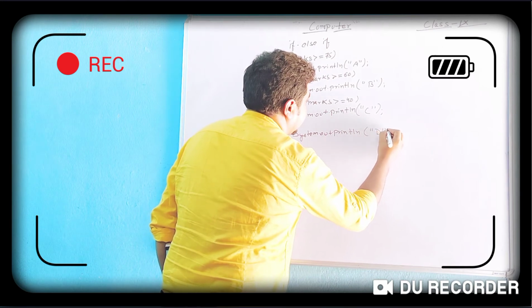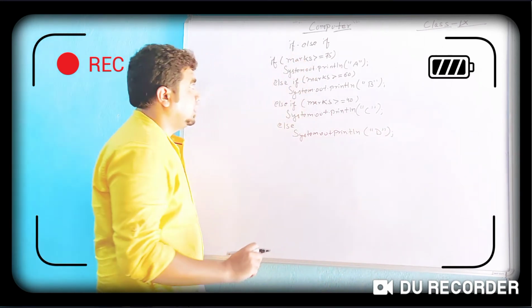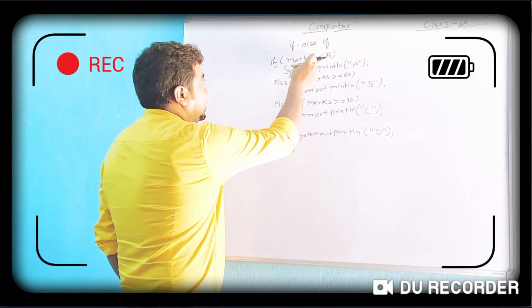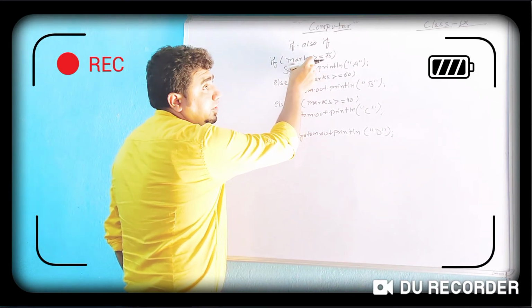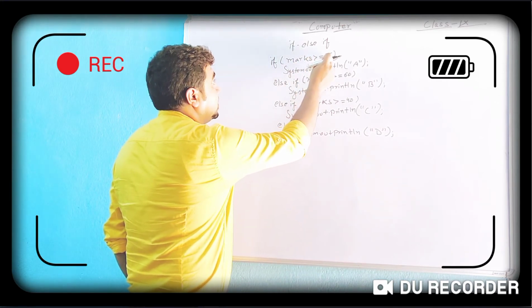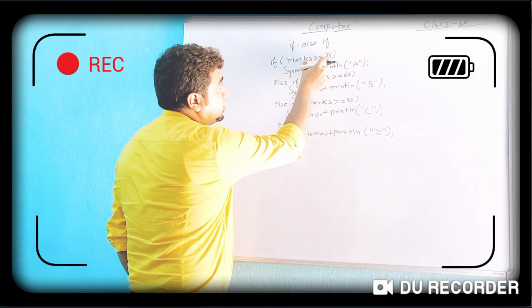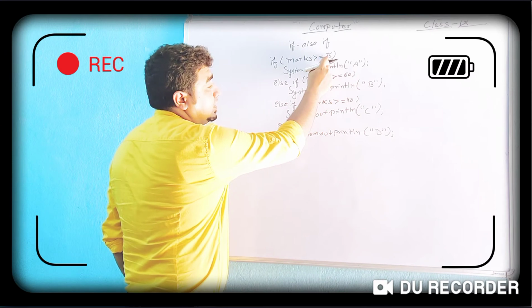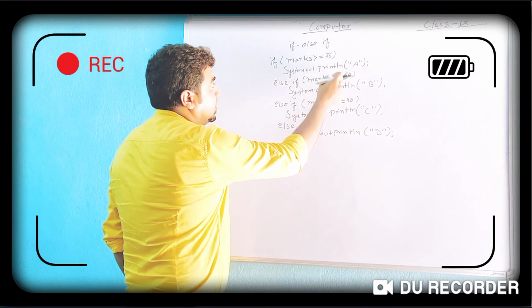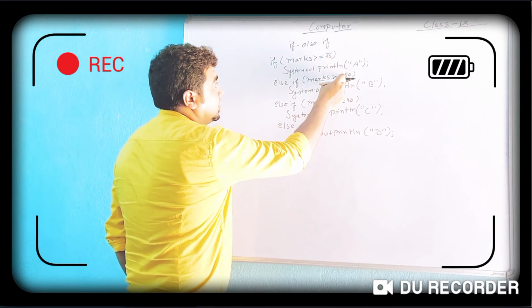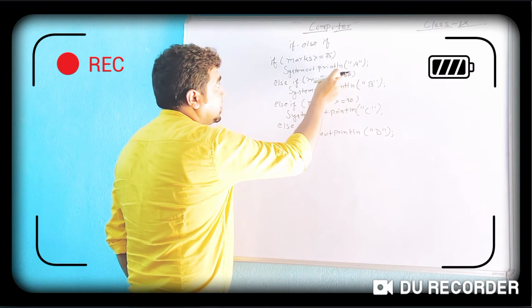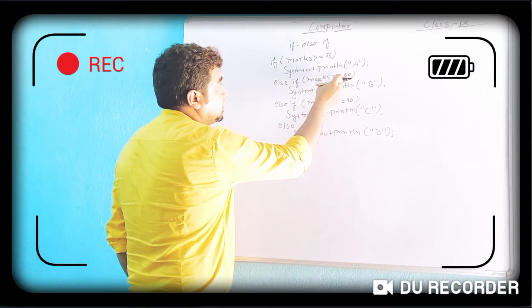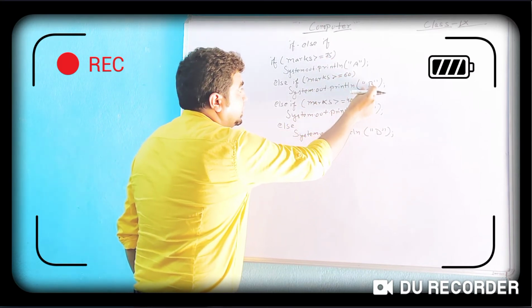So in what way it is executing, I am going to explain here, on the basis of marks. Marks is one kind of condition. If marks is greater than or equal to 75, this condition will be true and this statement will be executed. Otherwise, if 70 is coming, it is greater than 60 but less than 75, so this condition is true, so B will be executed.